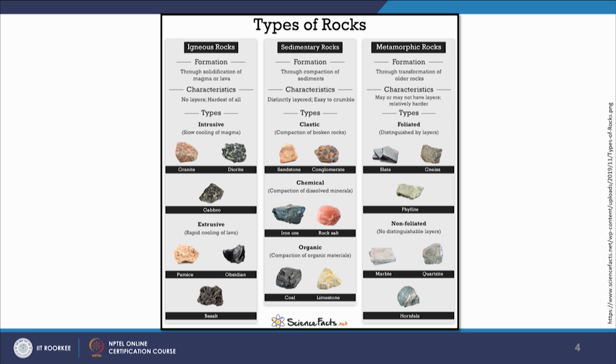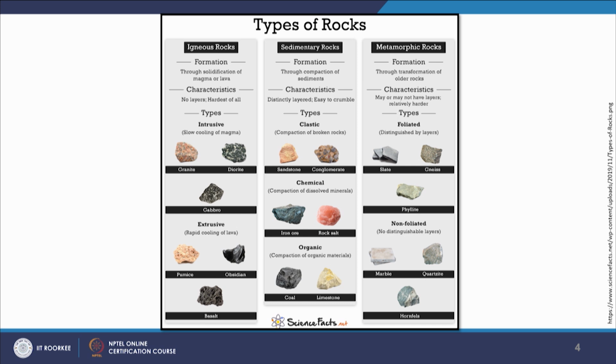So now in a very basic way we can understand this. I am sure you were told this in your initial studies of science, I think in the 9th or 10th class books of CBSE, about the types of rocks.